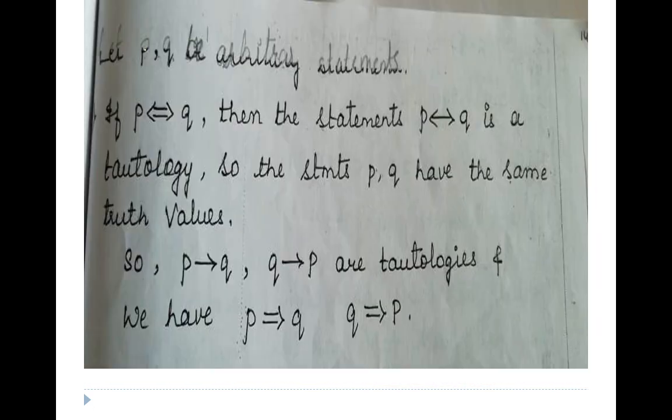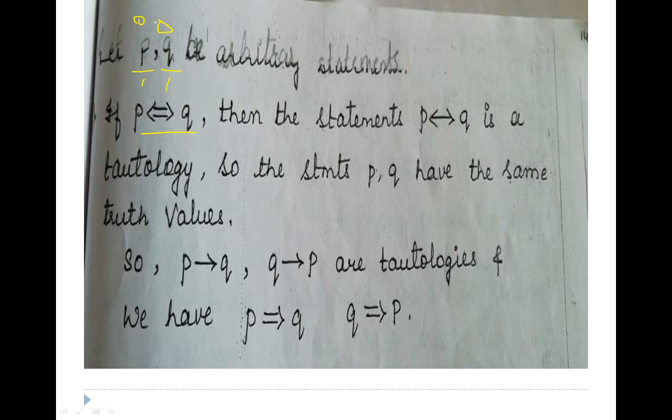Next, let us take one more example. Let P and Q be arbitrary statements. If P logically implies Q in both directions, they are going to have the same value, either both 1 or both 0.